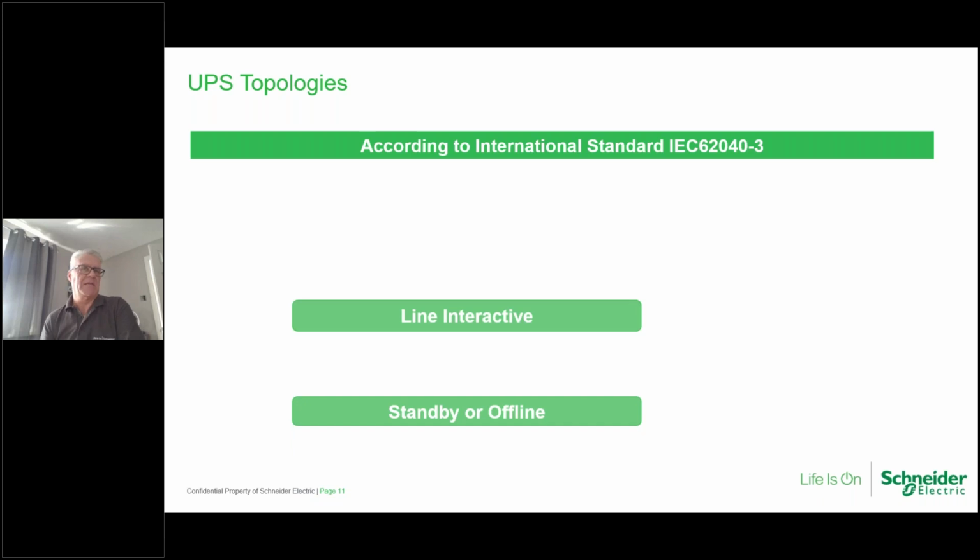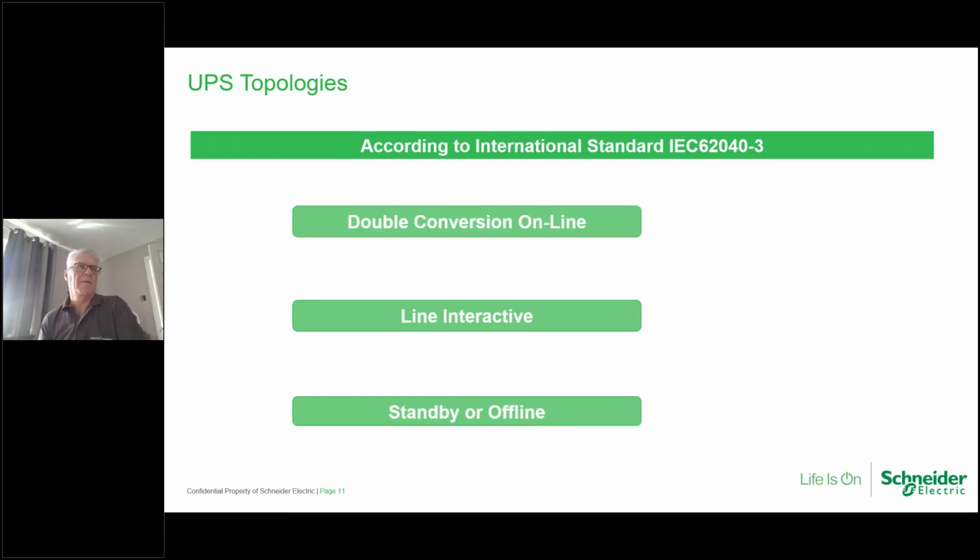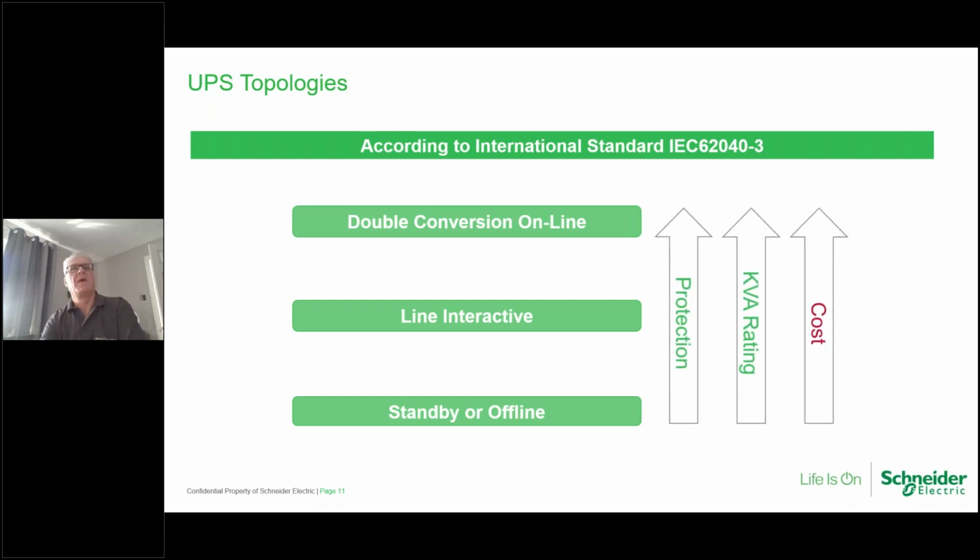We then have line interactive, which is the next level of functionality, and we will go into some of these and explain that. We'll then go to full double conversion online, which is your UPS that's supporting your main data center large equipment environments. And I'll show you how that's covered.